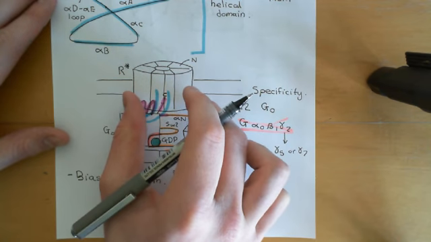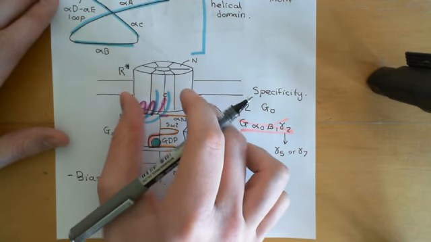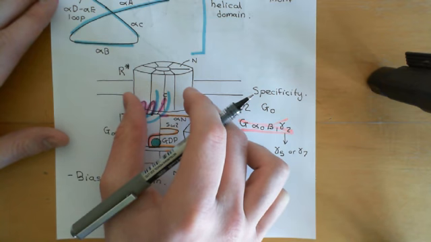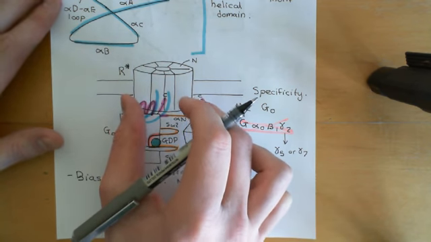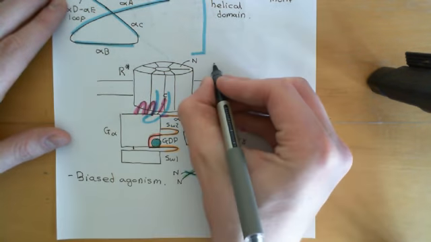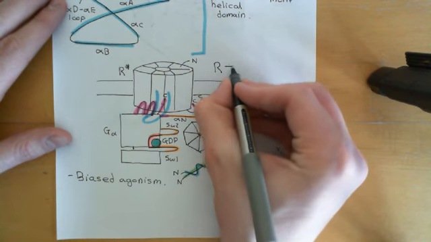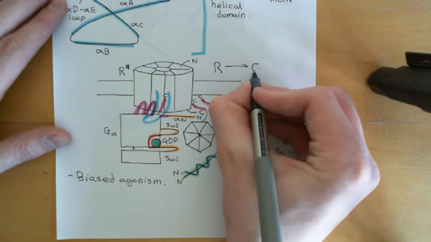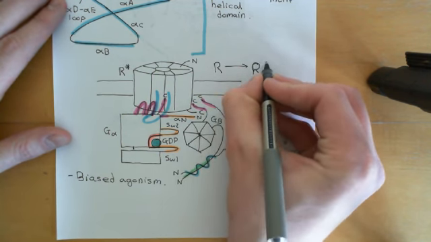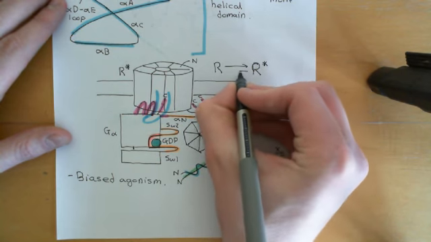Now at present, in the classical model of activation of G protein coupled receptors, we have said that the G protein coupled receptor has only two states. It has the inactive state where it doesn't bind to any heterotrimeric G proteins, and then it has the activated state where it can bind to certain heterotrimeric G proteins.